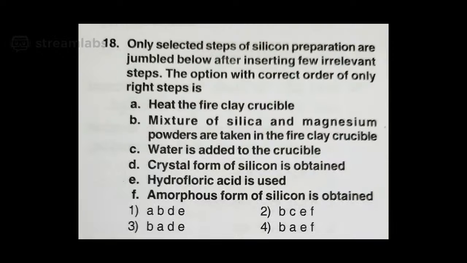You heat it, and E, hydrofluoric acid is added. Next, F, amorphous form of silicon is obtained. Okay, so these 4 steps are related to the silicon preparation, and the rest of the statements don't suit.